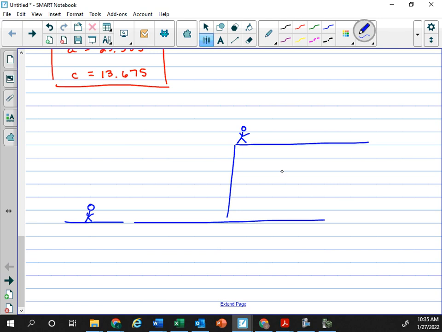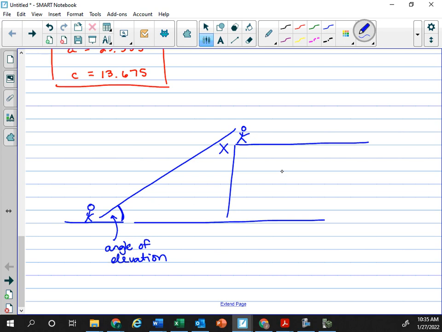They're waving. The guy on the ground looking up, this angle in here is the angle of elevation. Okay, the other term is angle of depression.